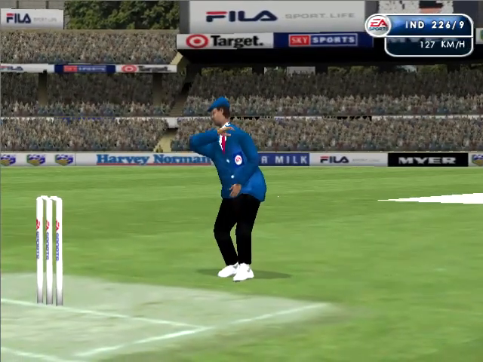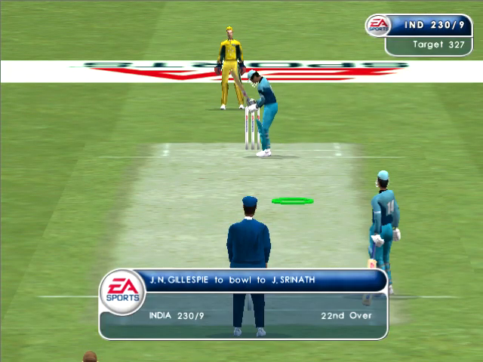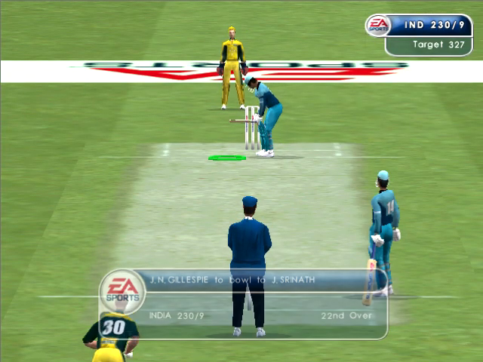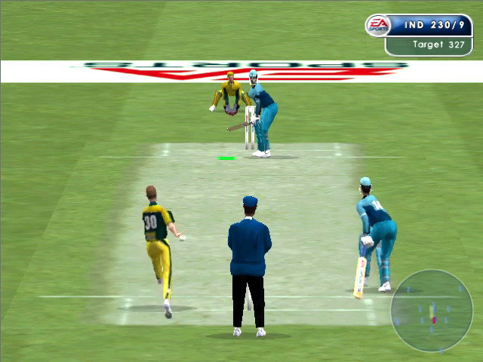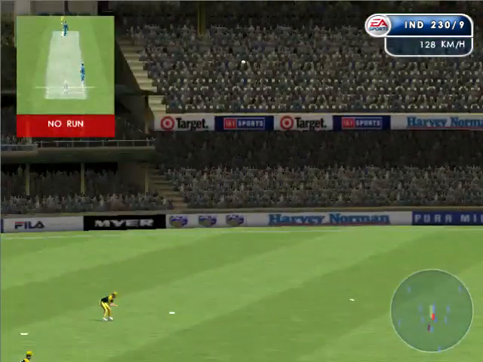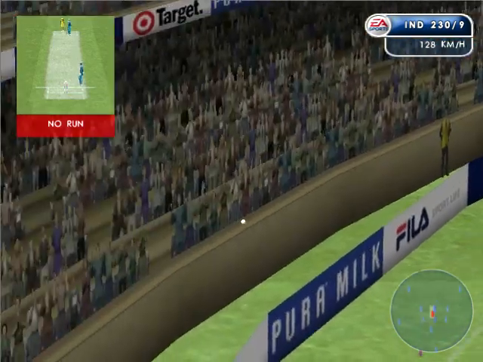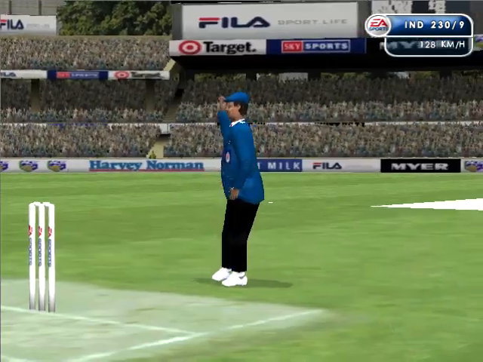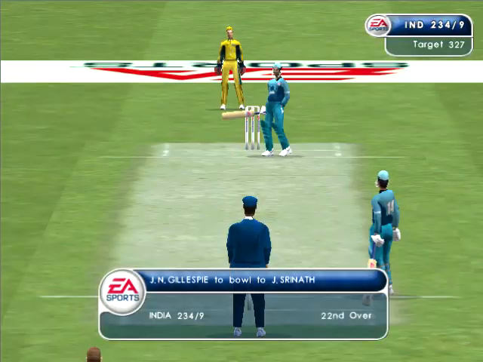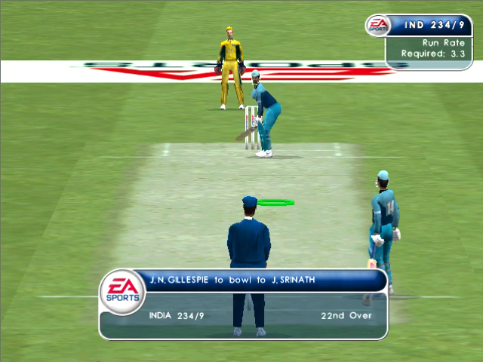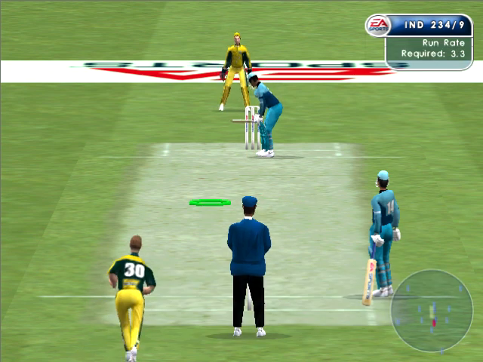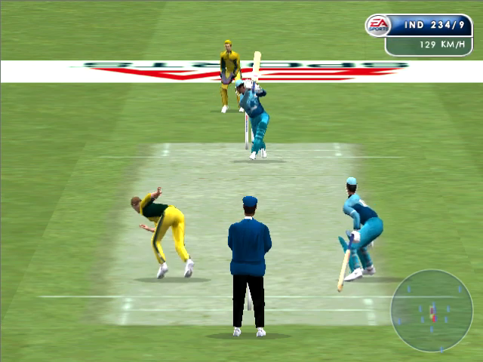That's straight up in the air. That's the first boundary for Srinath. It's high in the air. That was a very confident shot. Well, superb straight drive there. Good footwork, good hands, lovely straight swing of it.